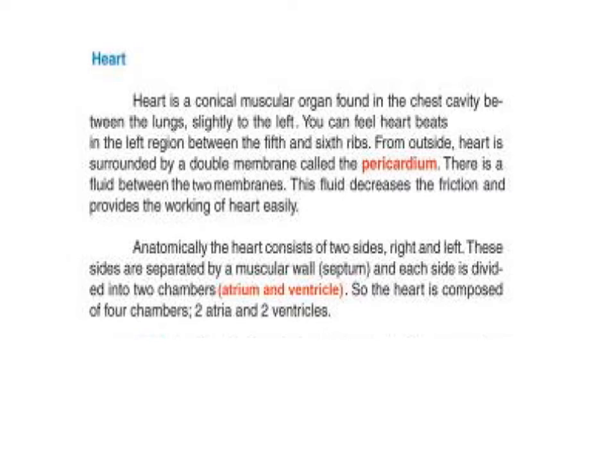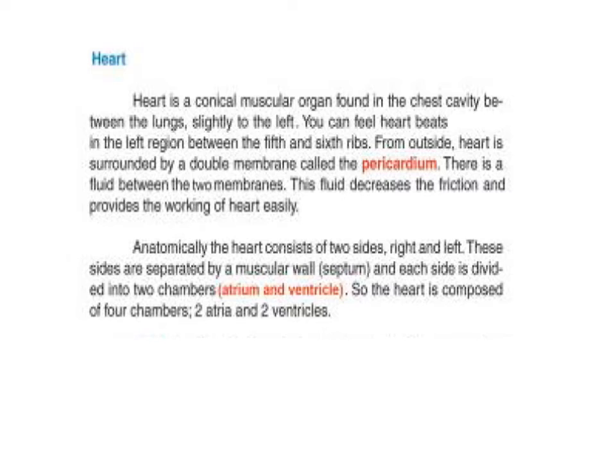That is very important. Anatomically, the heart consists of two sides, right side and left side. These two sides are separated by a muscular wall called the septum. Now, define septum. We can say the septum is a muscular wall which separates the right side and the left side of the heart, and each side is divided into two chambers.